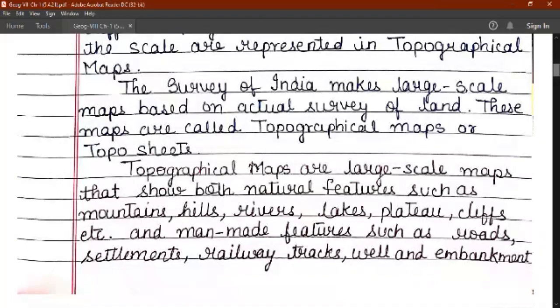Topographical maps are large-scale maps that show both natural features such as mountains, hills, rivers, lakes, plateaus, cliffs, etc., and man-made features such as roads, settlements, railway tracks, wells, and embankments.